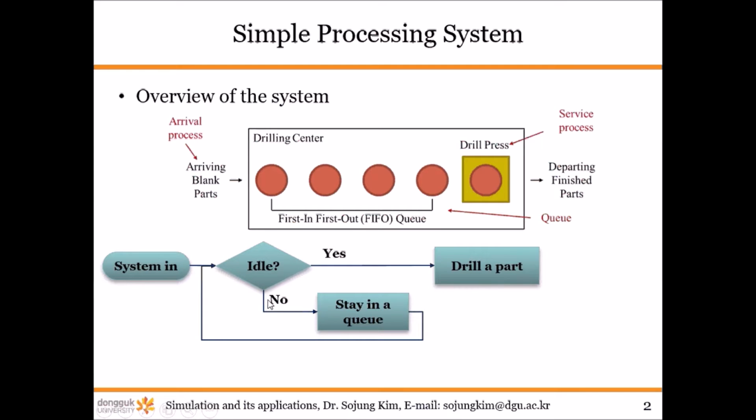Parts should be sent to the queue so that they can wait for the next service. Good. And then when the part gets its service, it will leave the system. Okay, so this is a flow chart to illustrate the process of this system.